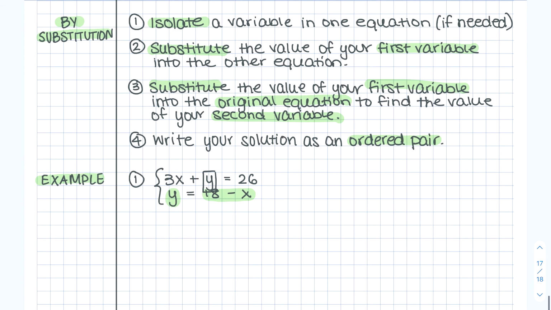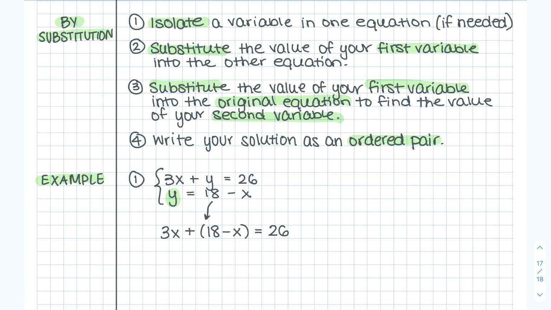I'm going to rewrite that first equation as 3x plus, but instead of writing y, I'm going to replace that with 18 minus x, right? Because 18 minus x is equal to y. They're the same thing. They're replaceable. So I'm replacing it and writing the rest of the equation equals 26. Okay?